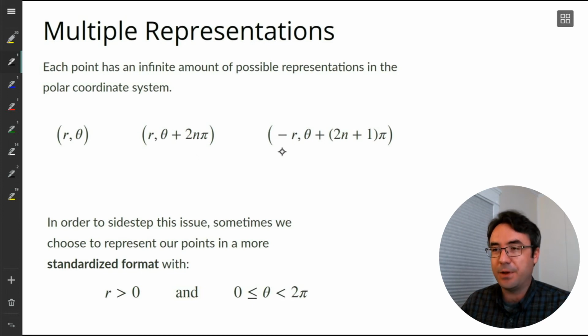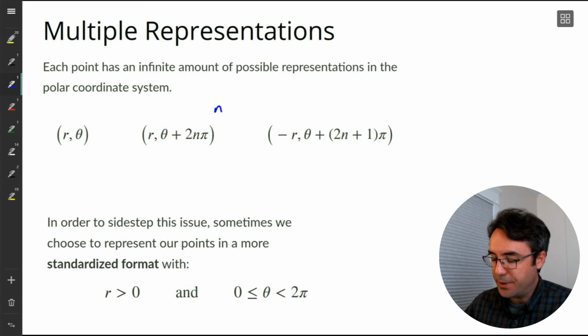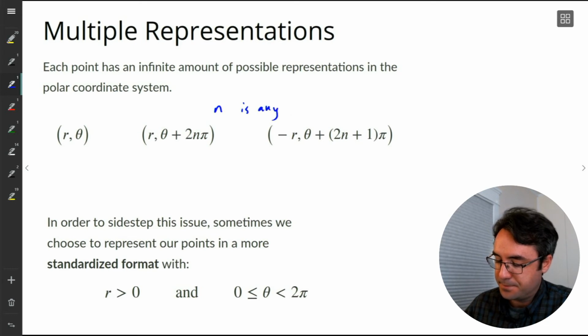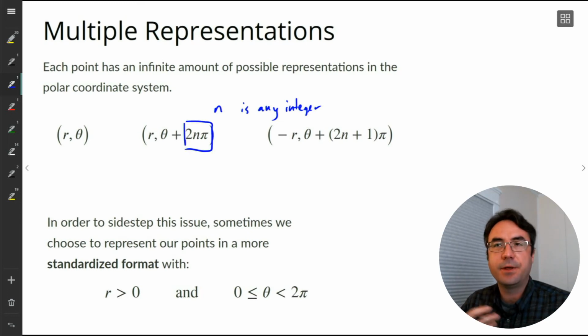Or we could describe it with, if we negate the r value, then we just add on a copy of pi. So here n is any integer. And when we look at, say, this 2n pi, really what this represents is n complete rotations around the origin.